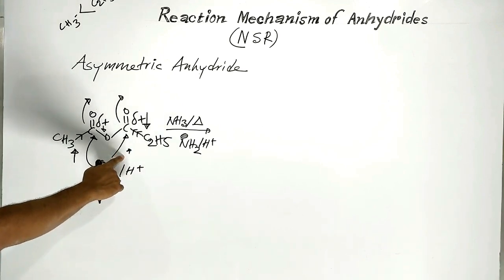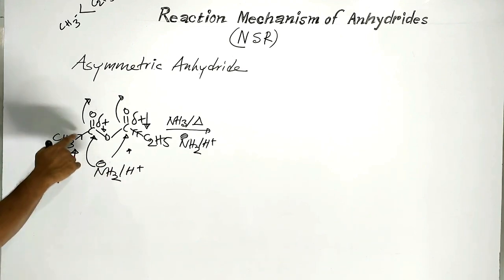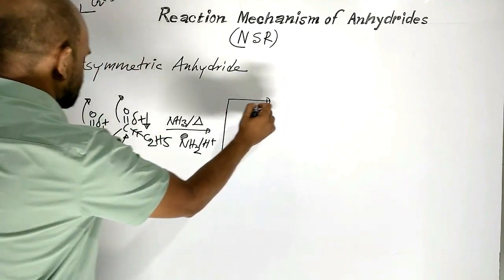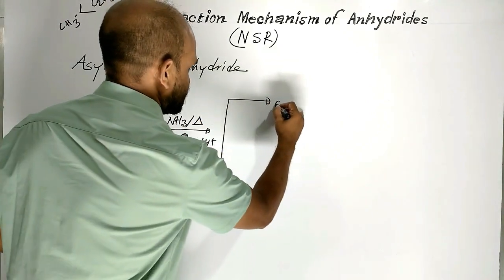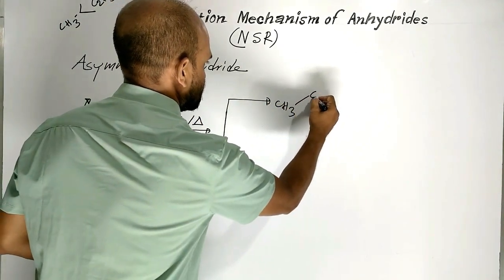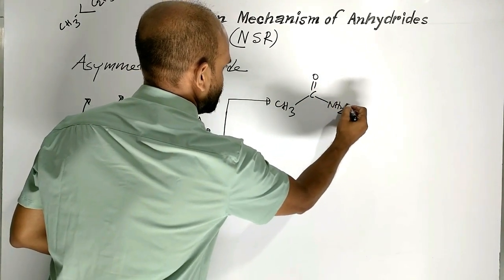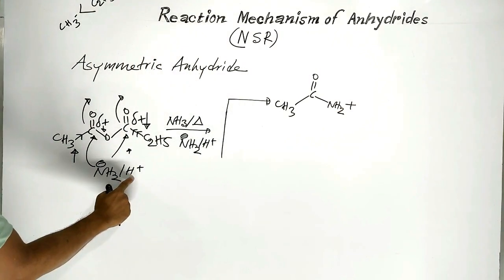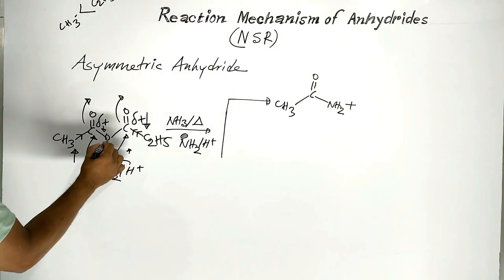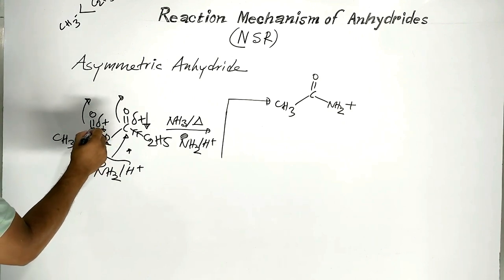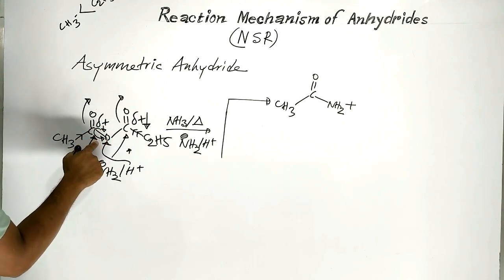So when the nucleophile attacks this carbon, then we get here CH3, NH2, and a proton with this oxygen, because this bond undergoes heterolytic fission.